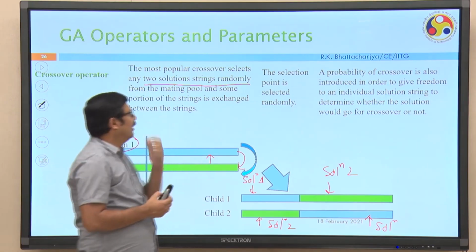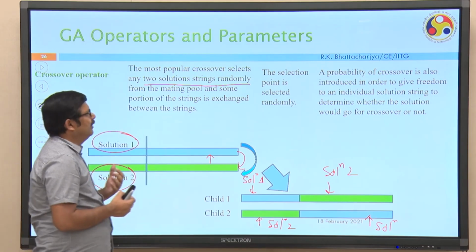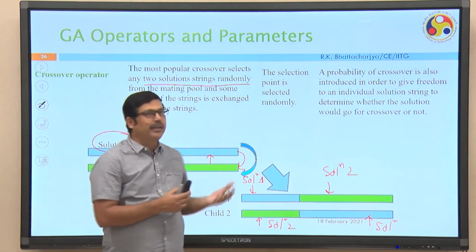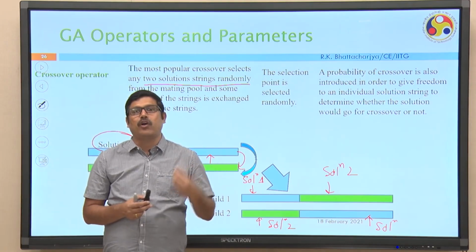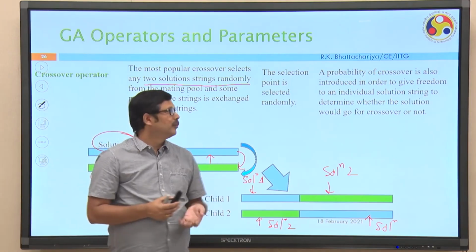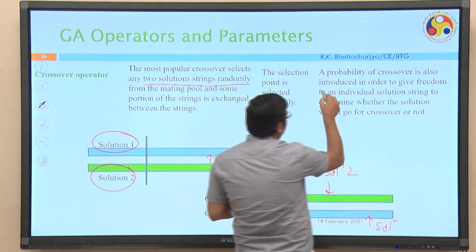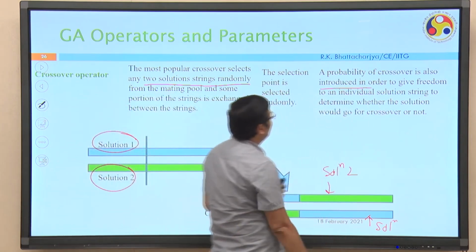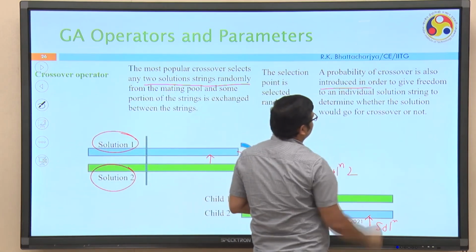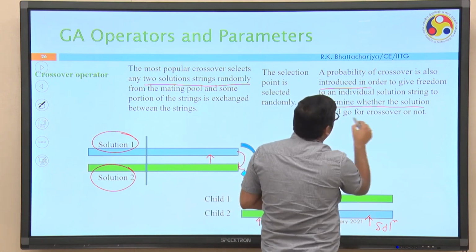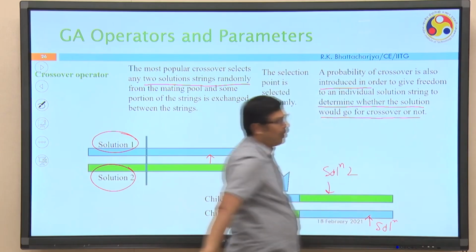Now, a probability value is used, which we call the crossover probability. A probability of crossover is introduced in order to give freedom to an individual solution string to determine whether it would go for crossover or not.